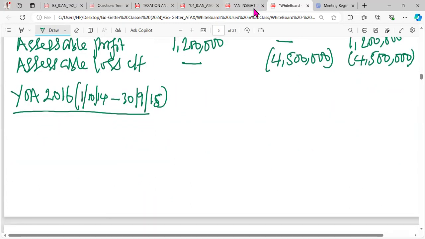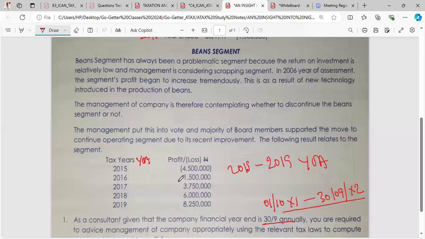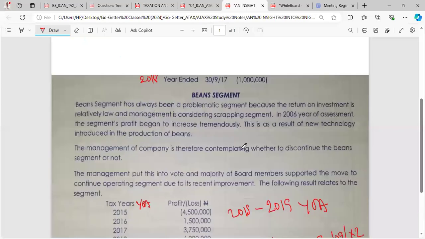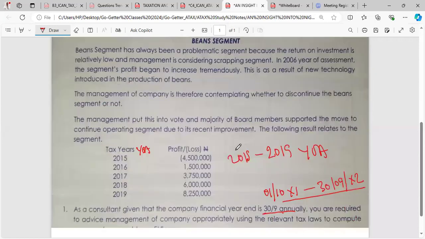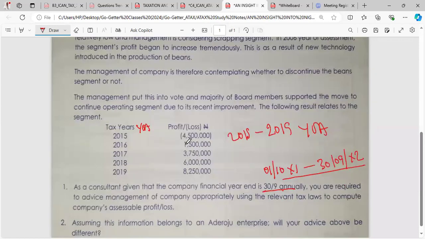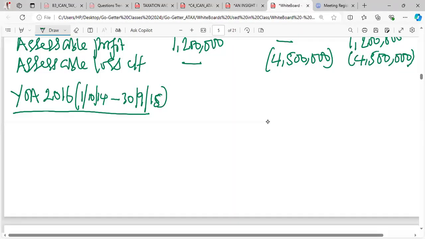Let's see what we have for rice. Which year are we doing? 2016. Rice now made a loss of 3 million. Beans made a profit. So I'll start with the profit first.